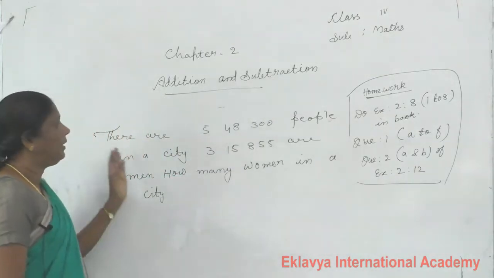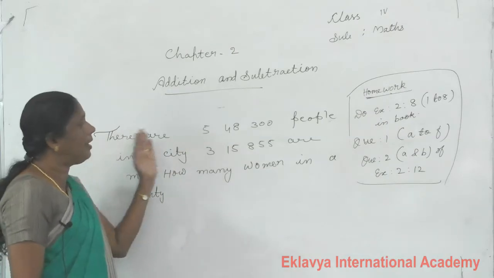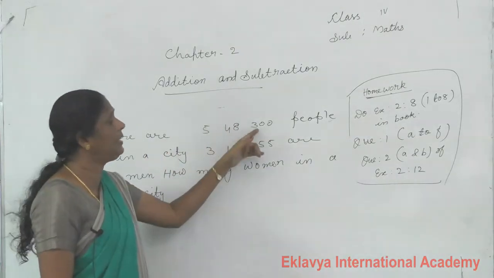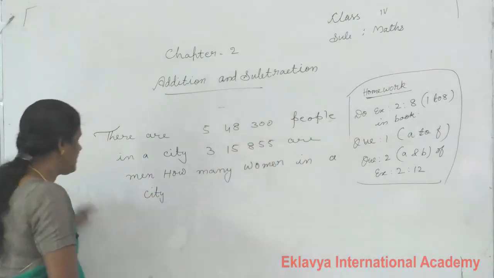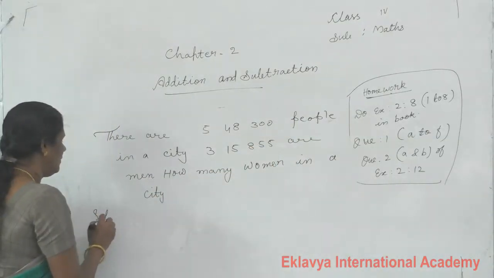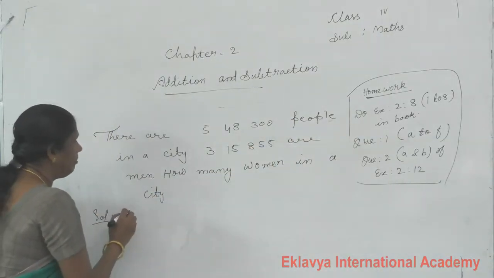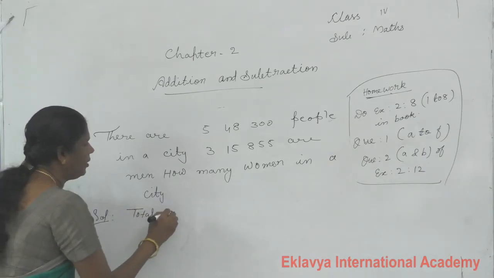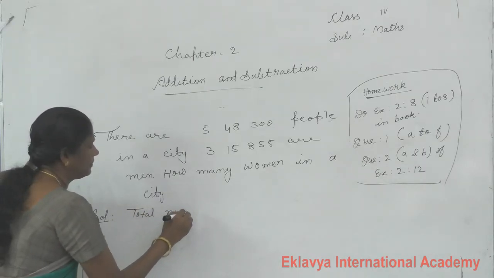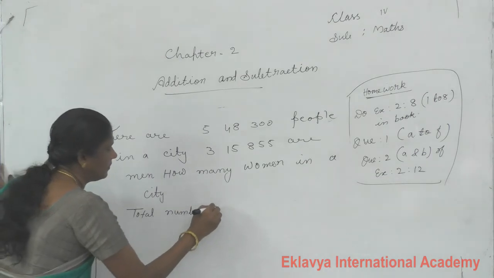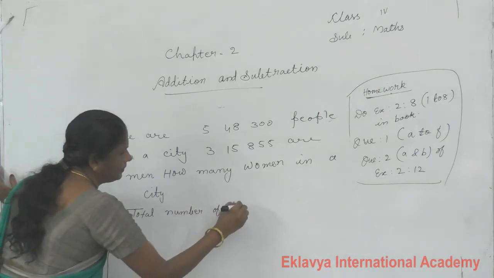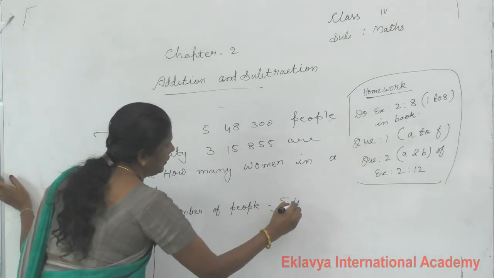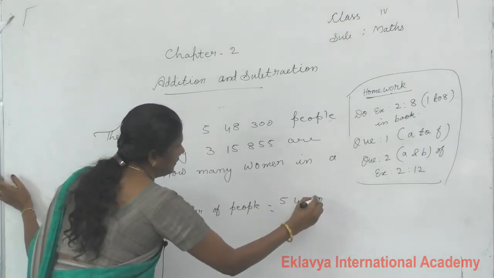First you read the total given. There are 5,48,300 people. First statement we write: total number of people is equal to 5,48,300.